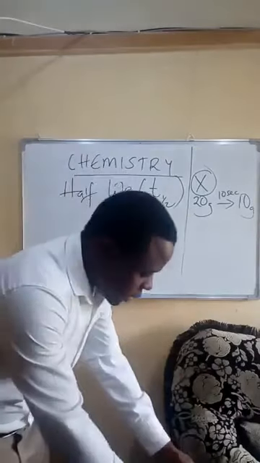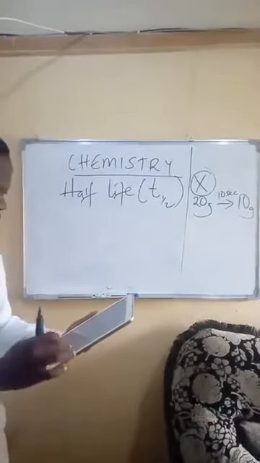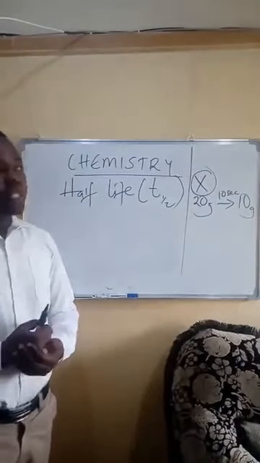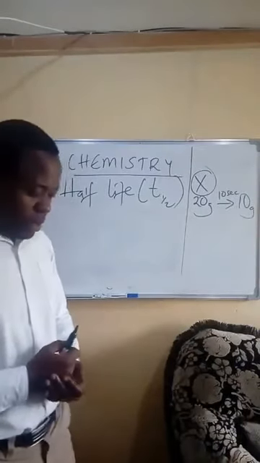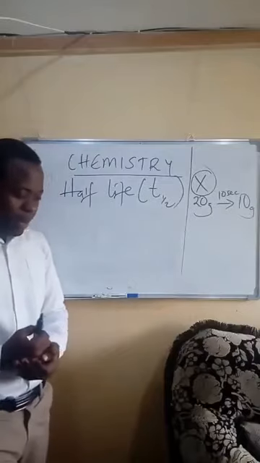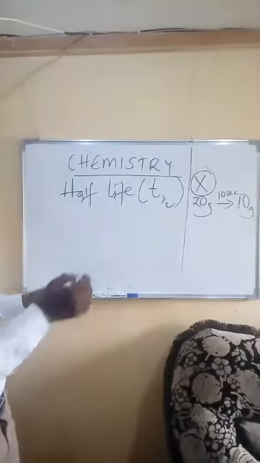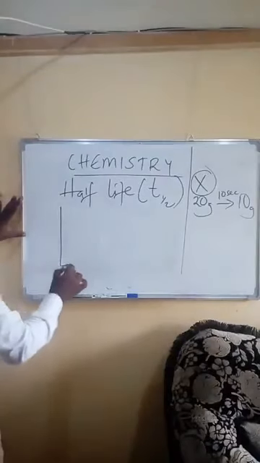Let me see whether I can get... yes, we can use this one. Consider a radioisotope X whose activity was measured and then plotted on a graph as shown below.